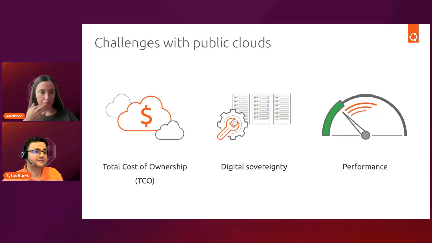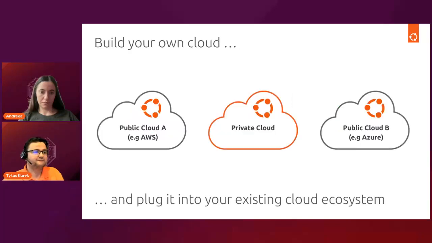At some point, you'll just discover it makes more sense to build your own environment and optimize costs that way. Owning is just more economical than renting in the long term and at scale, right? So everything depends on the scale and everything depends on the timeline. Sometimes it makes more sense to run your workloads in a public cloud. Sometimes it makes more sense to run them in a private cloud. It all depends on what your workload is.